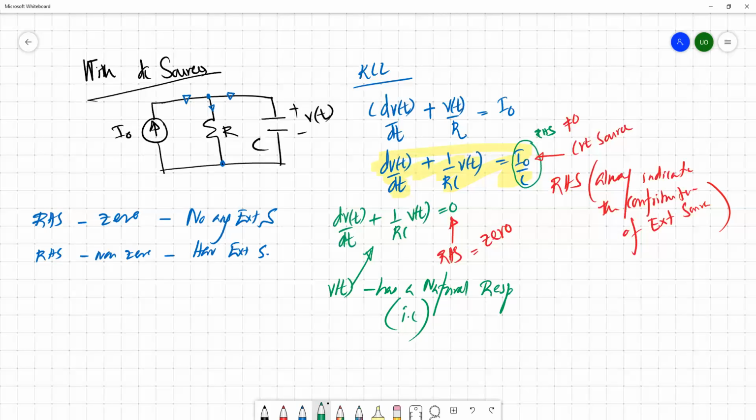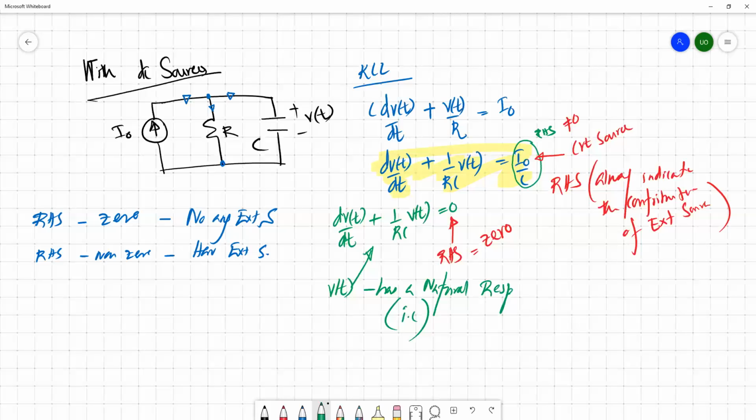If you solve a differential equation with a zero on the right hand side, you have the natural response only, and you can get it easily by converting it to a characteristic equation, substituting initial conditions and so on. We discussed it previously.